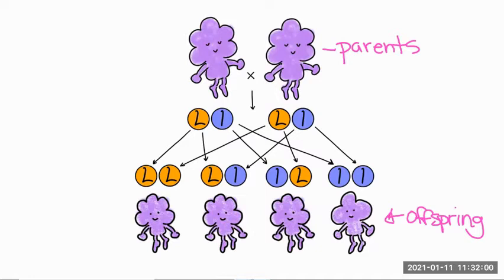At the top we have our parents that come together to make babies. That's how it works. So each individual organism has a genotype. These letters right here are known as our genotype.